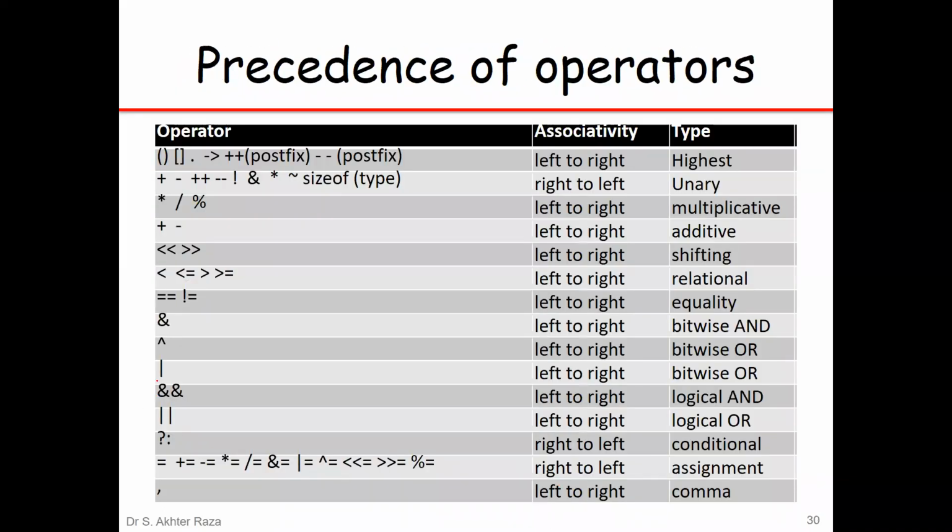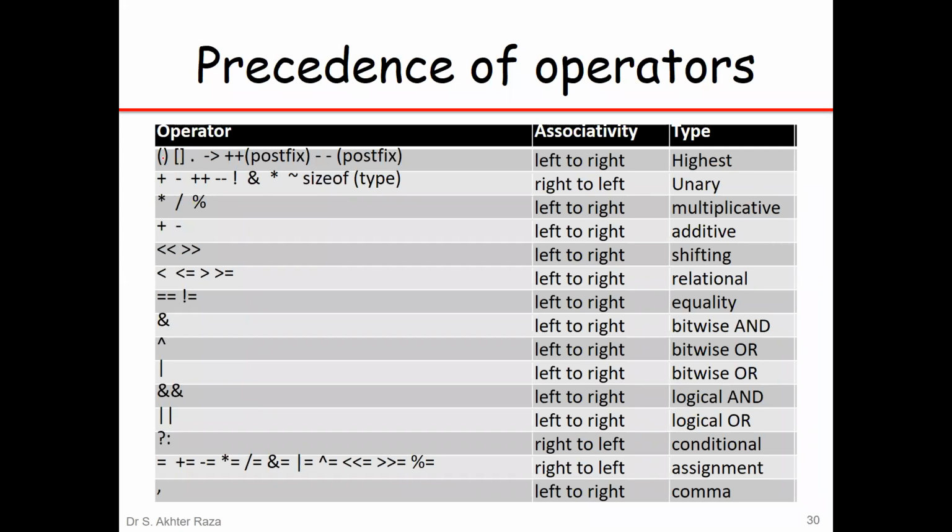Now, this is a very important table, and this table contains the precedence and the associativity of the different kinds of operators in C++. The brackets have a very high precedence, the highest precedence.